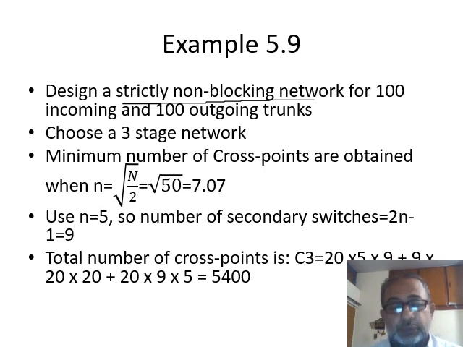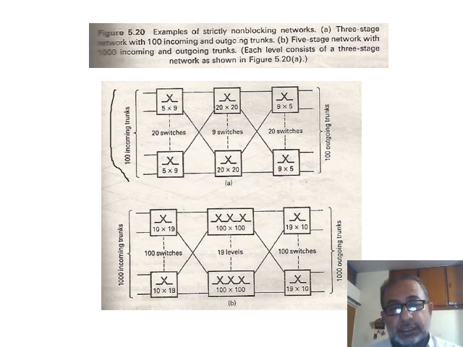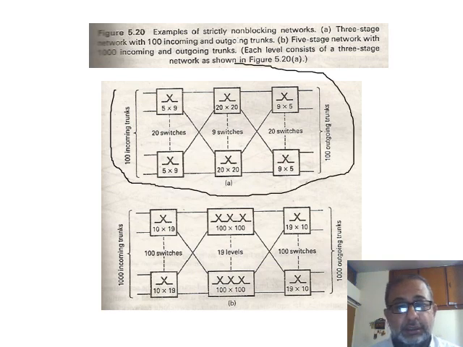We are just using that equation and that formula that we have already got. C3 is equal to 5400. We find that out. The resulting design is shown in figure 5.20a.